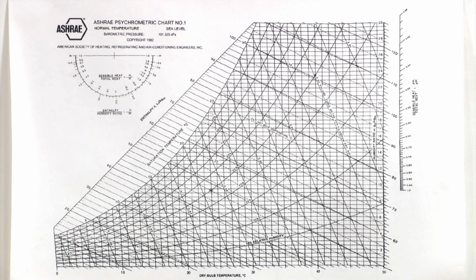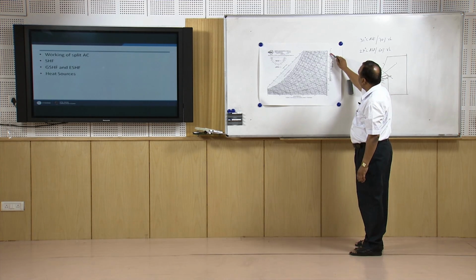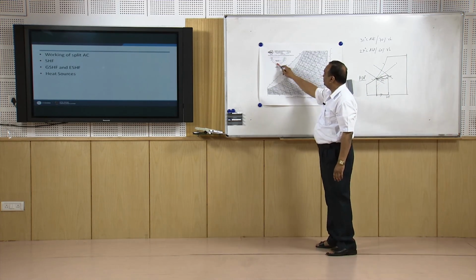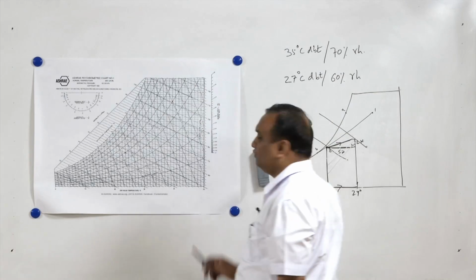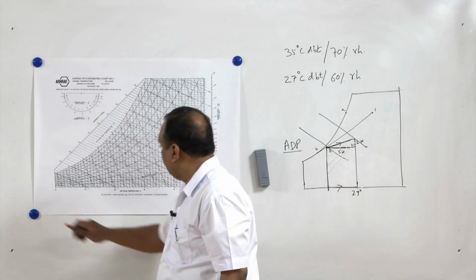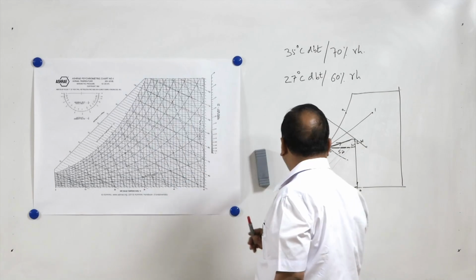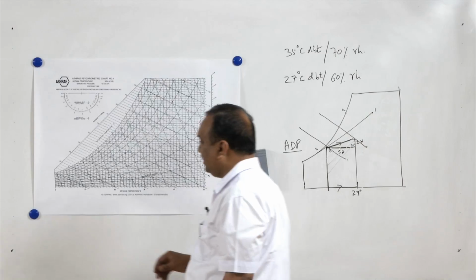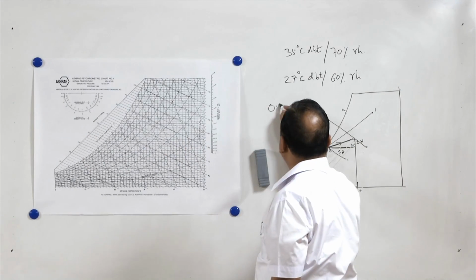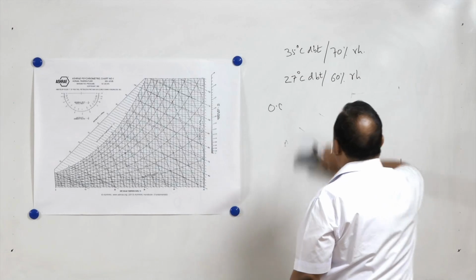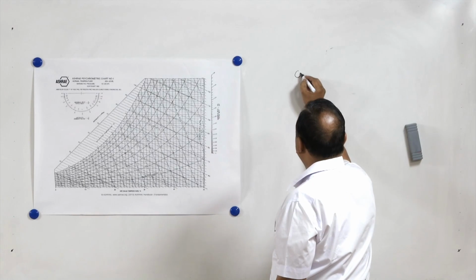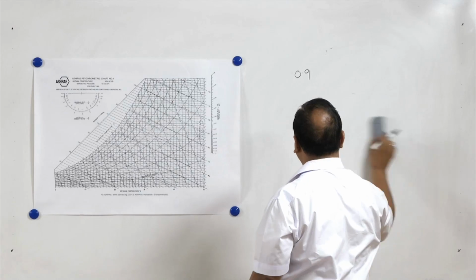In this chart, there are certain dash marks on this scale and there is a half circle also. You can use either of these two. Suppose I want to have a sensible heat factor line of 0.9 or 0.8.